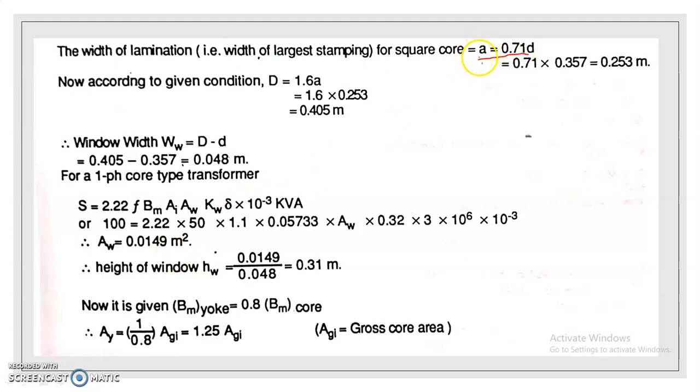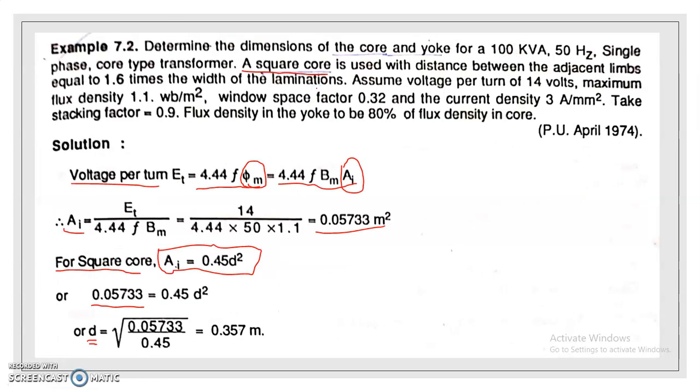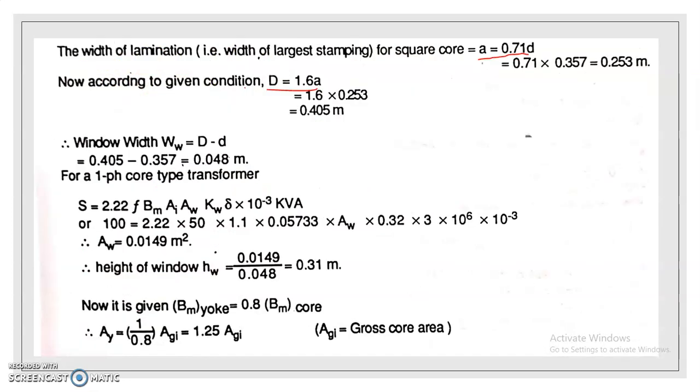So you can get small a from here, and as per the given problem statement, the distance between the adjacent limbs, which is nothing but capital D, is 1.6 times the width of the lamination. Width of the lamination is nothing but the small a. So we can write capital D is equals to 1.6 into A. Just put the value of A here, and you will get the capital D again.